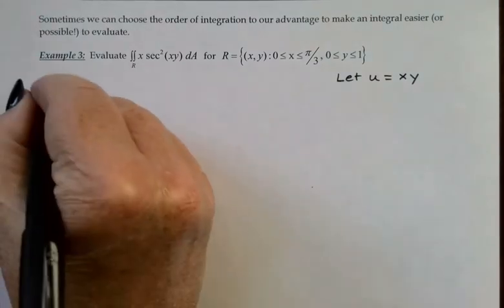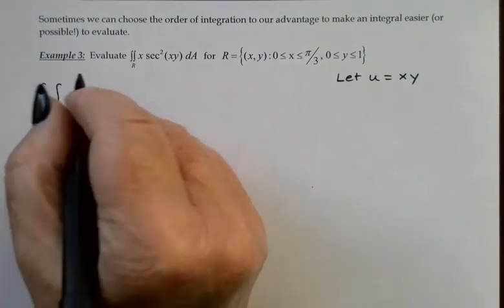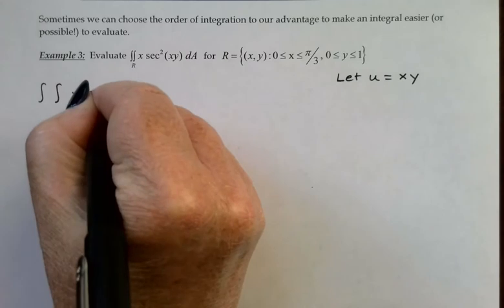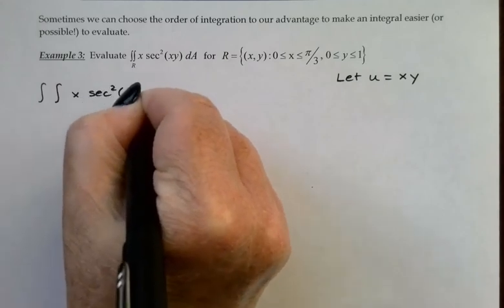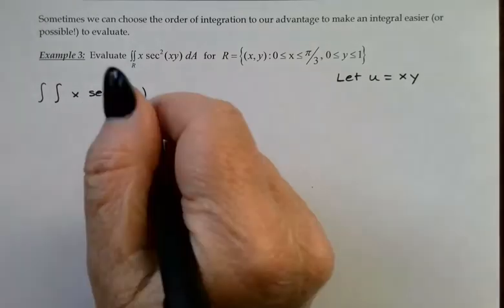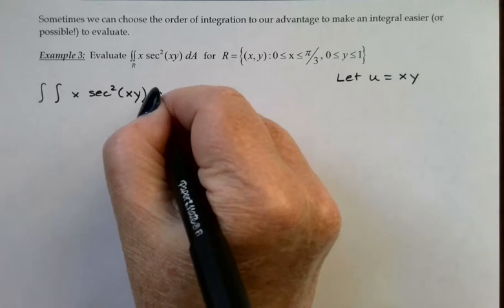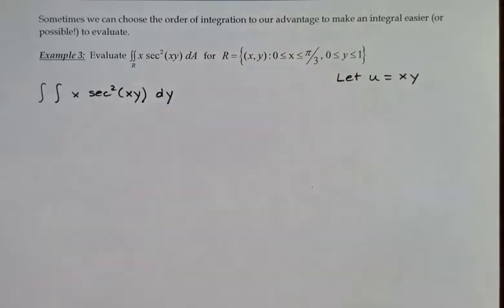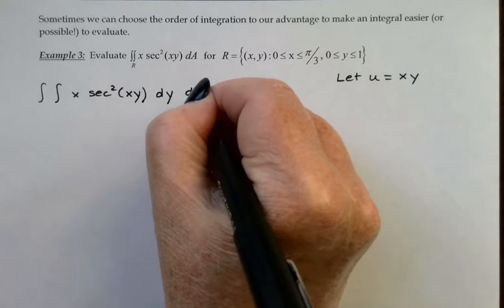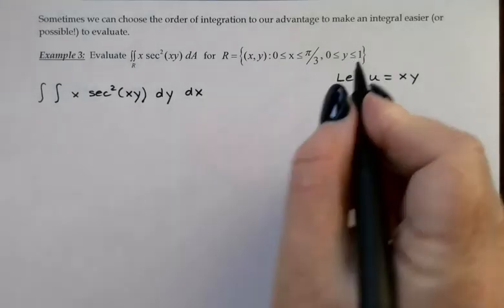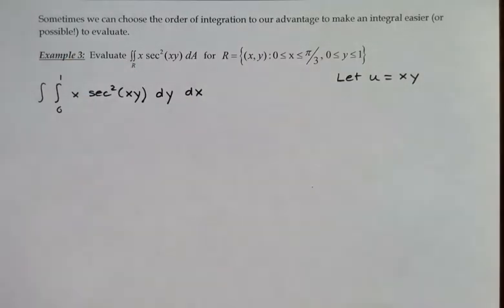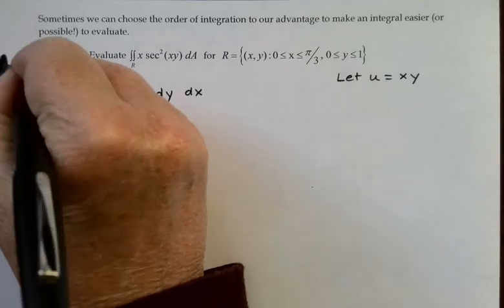So let me start by rewriting my integral. And based on the logic we just talked about, I'm going to choose to do dy first, and then dx. The y goes from 0 to 1, and the x goes from 0 to pi thirds.